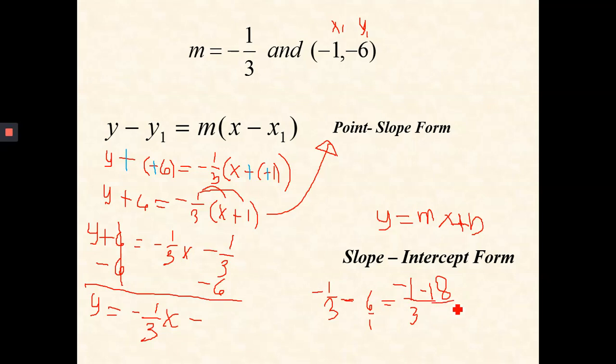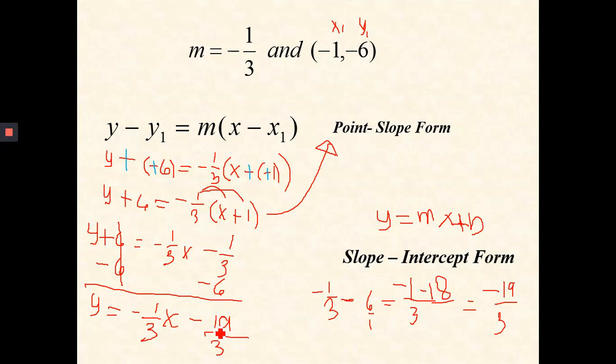So you now have negative 1 minus 18, that is negative 19 over 3. Okay? So we have here 19 over 3.